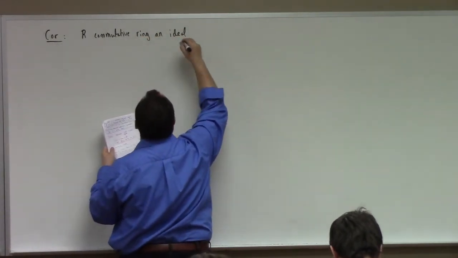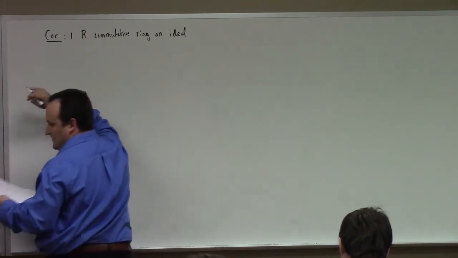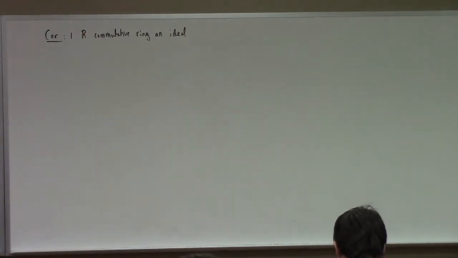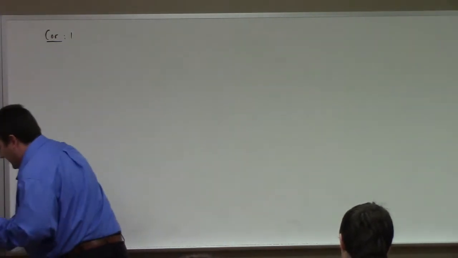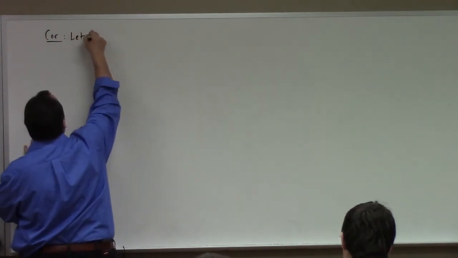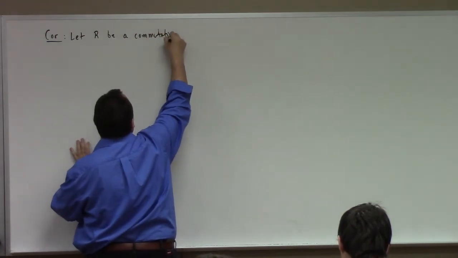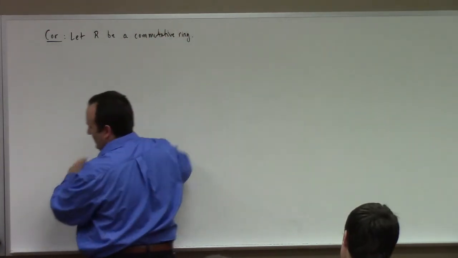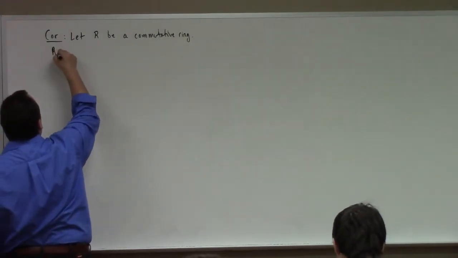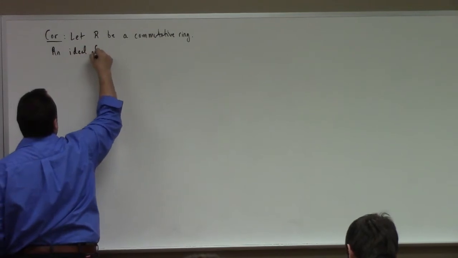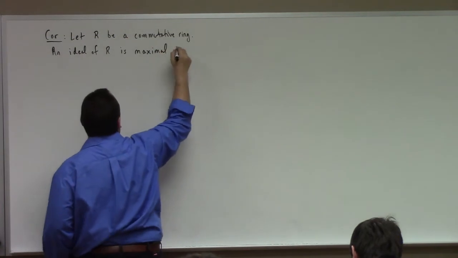I'm going to restate this so that I can fix the grammar here. Let R be a commutative ring, okay? Then an ideal of R is maximal, right? If and only if what?